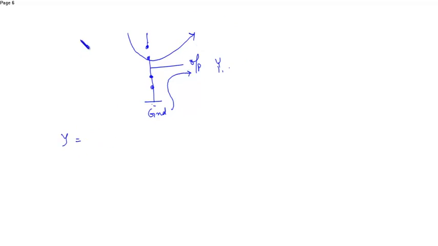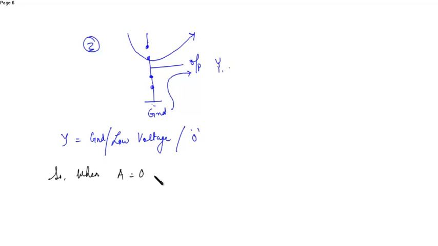So Y is equal to ground, the third state for the first condition, or you can say low voltage or 0. So when A is equal to 0, the output is also equal to 0. So now this is verified from the truth table.